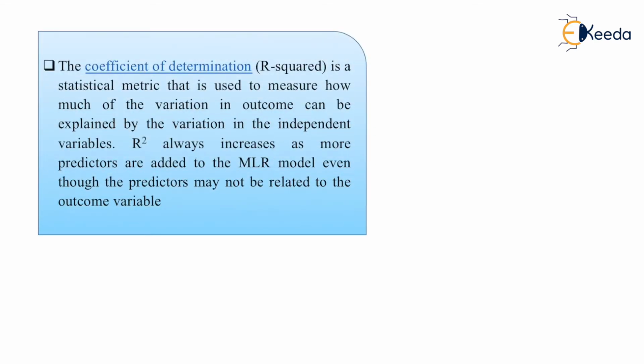The coefficient of determination, that is R squared, is a statistical metric that is used to measure how much of the variation in the outcome can be explained by the variation in the independent variables. R squared always increases as more predictors are added to the multiple linear regression model, even though the predictors may not be related to the outcome variable.